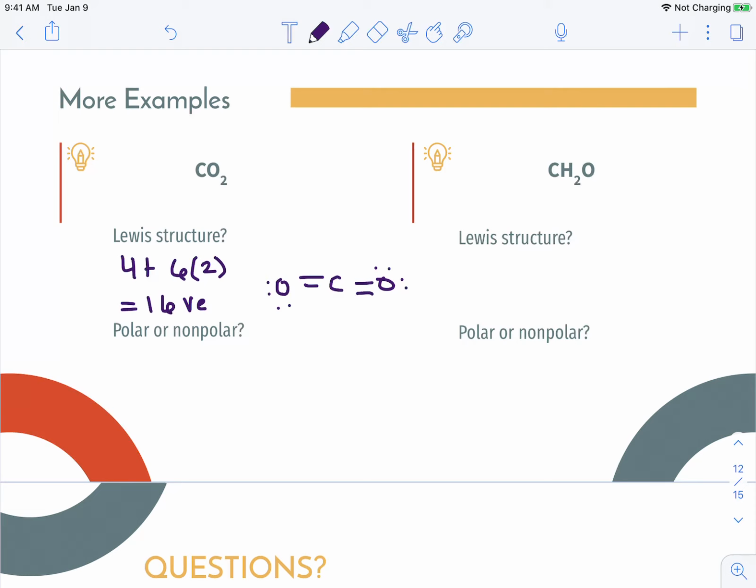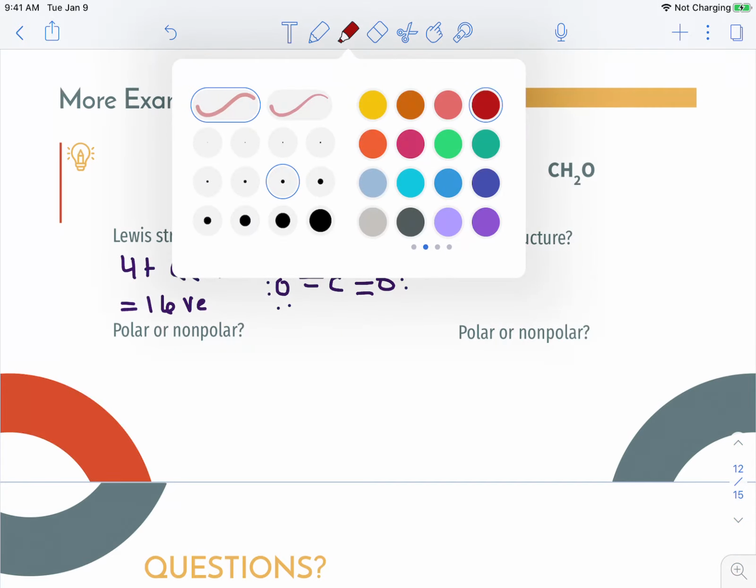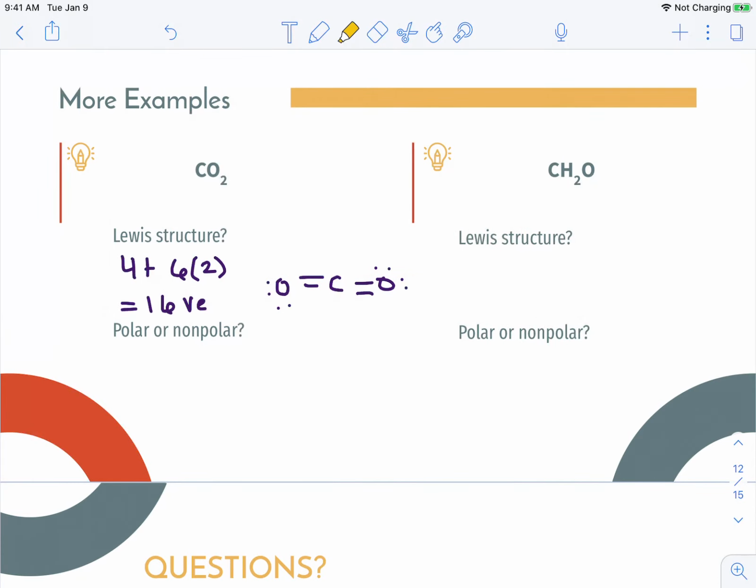So we have what we call a linear molecule. And then if we take a look at the bonds, oxygen has a higher electronegativity than carbon. So oxygen is going to pull the electrons closer to it that way and this way. And take a look, those are opposite but equal pulls. So they're going to cancel each other out. And that gives you a non-polar molecule. So carbon dioxide is non-polar.